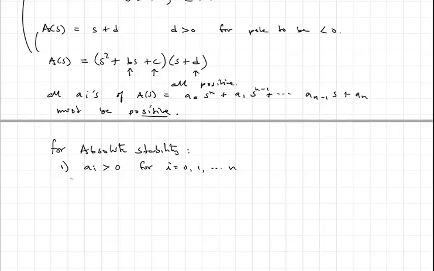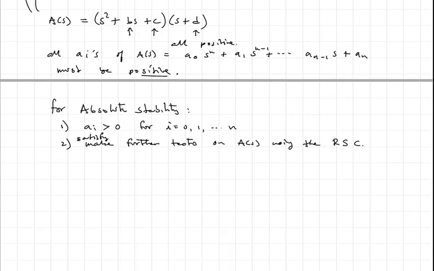Now that's a necessary but not sufficient condition. Two, then we have to make further tests on A(s) using the Routh stability criteria, which we have yet to describe.